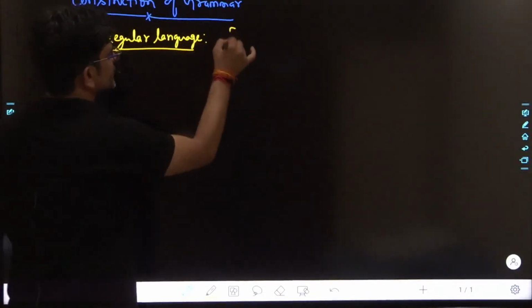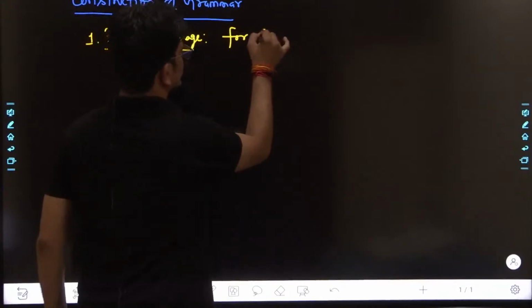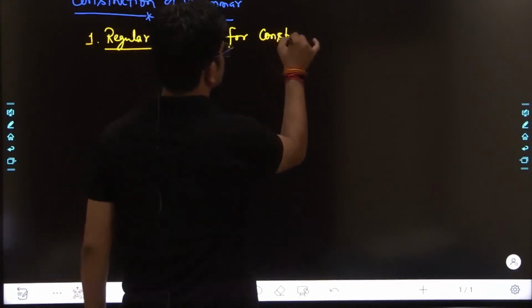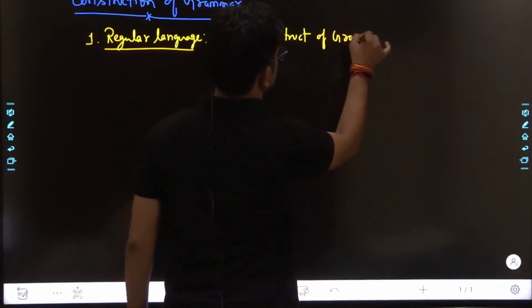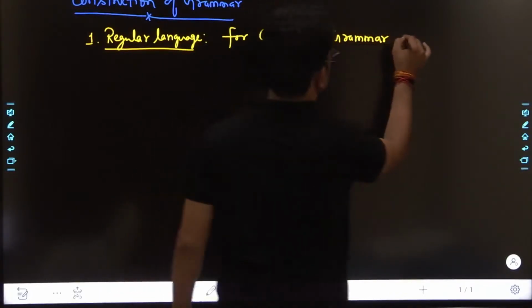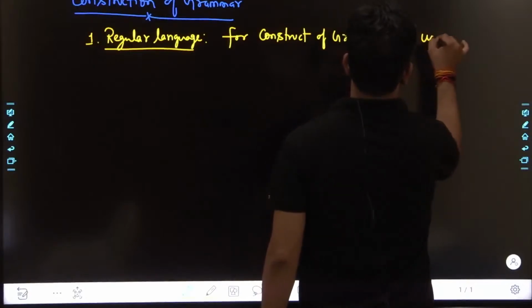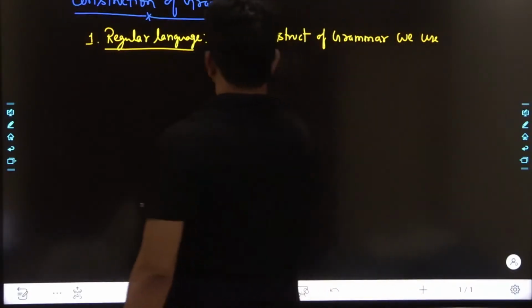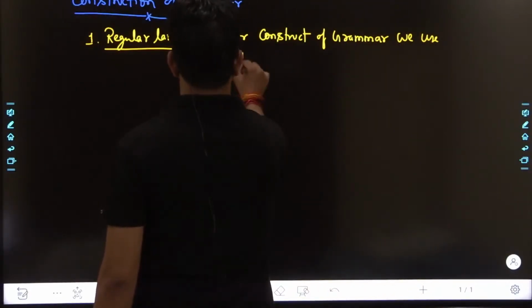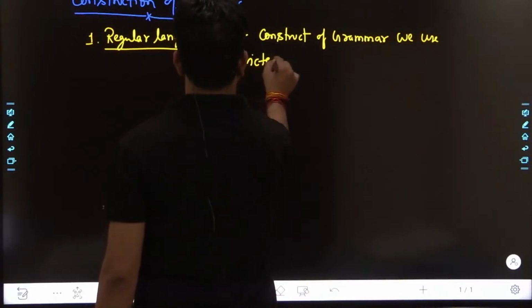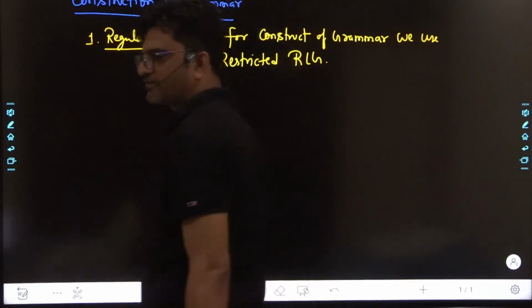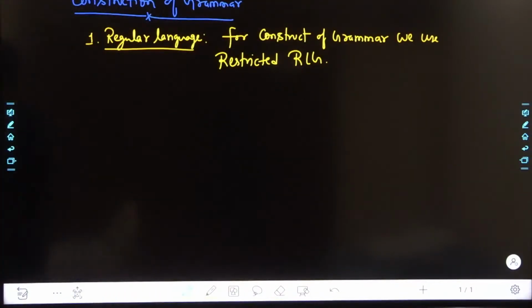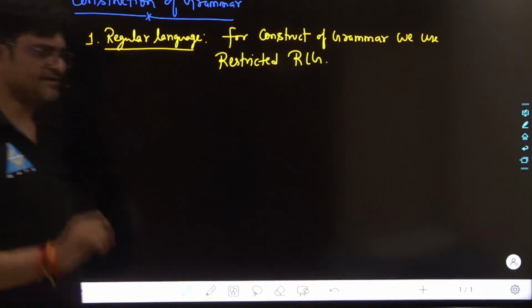For construction of grammar, we use restricted right linear grammar. Sir, what is the restricted right linear grammar? Here we perform some restriction on right linear grammar.